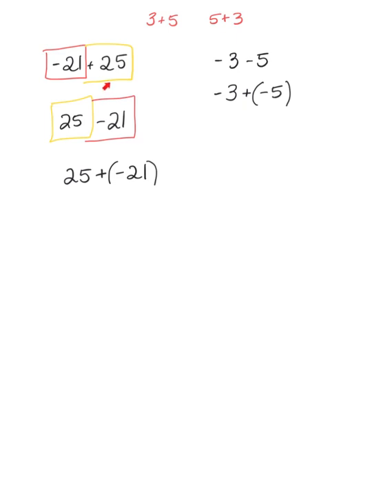Well, remember with our first situation, what we did was flip-flop the order that our integers were written in. So my -3 plus -5 or -3 minus 5, if I flip-flop it, I could put my -5 first and then my -3. I still am working with two negative integers, a -5 and a -3.